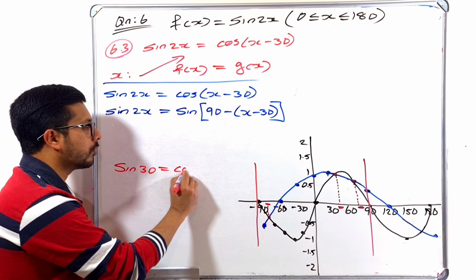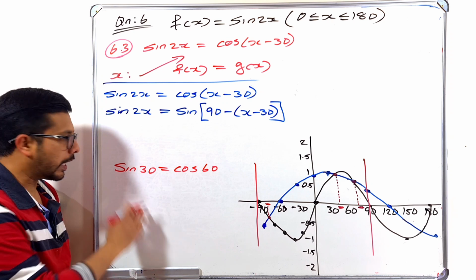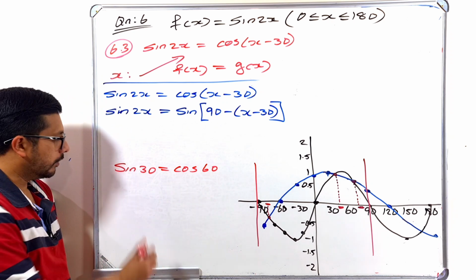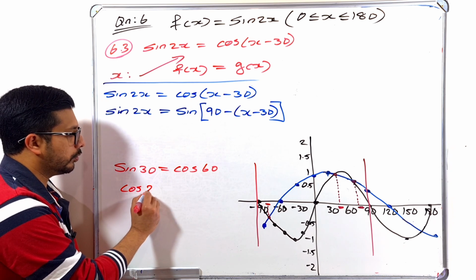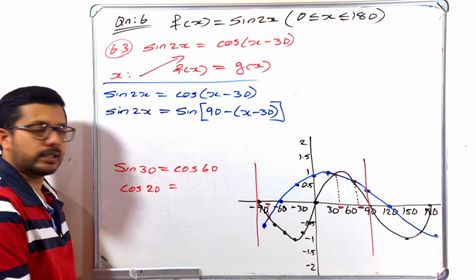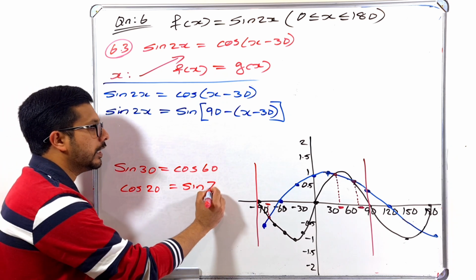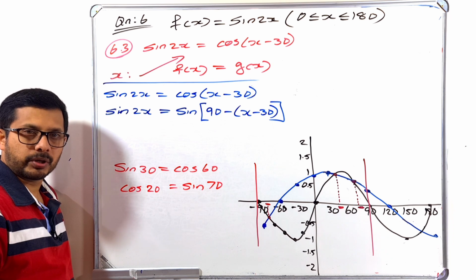That is cos of 60. Sine 30 is equal to cos of 60. Another example, cos let's say 20. Sine of what? Sine of 70. Do you remember how you can write like this?